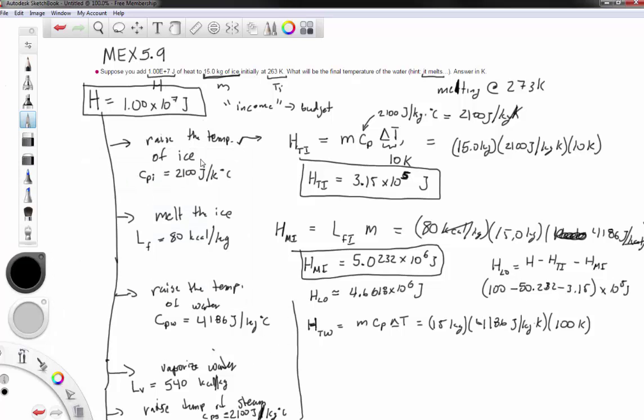Okay, to make the analogy back to keeping your budget, we spent enough of our heat budget on these two things that we cannot spend enough heat to raise the temperature of the water all the way to 100 degrees. So if I was making a budget and I called this, for example, housing costs, rent plus electricity plus water and sewer and cable, all that stuff.